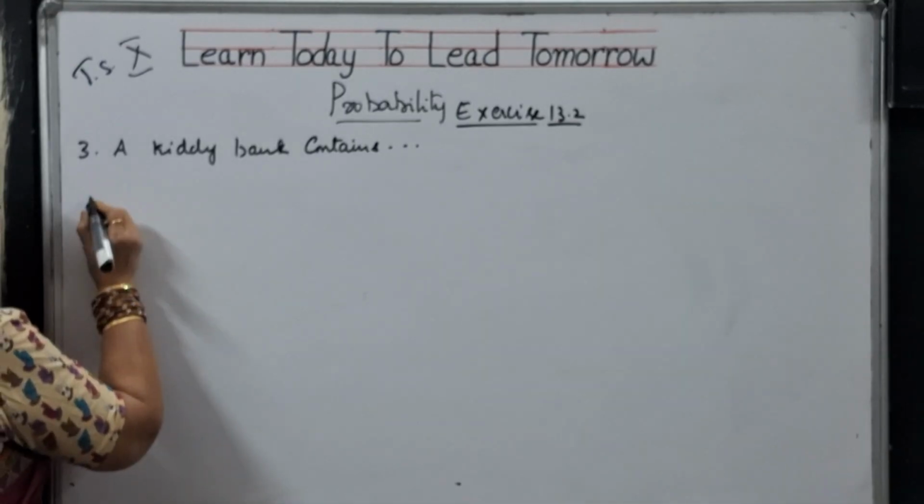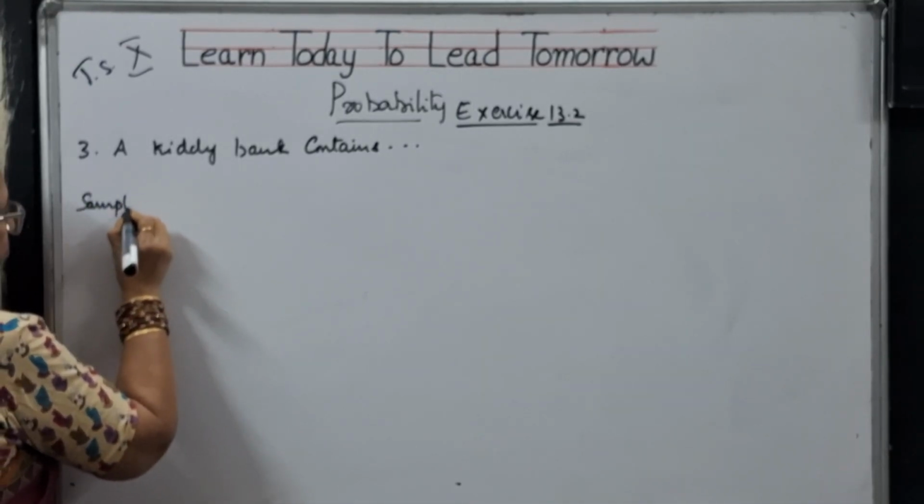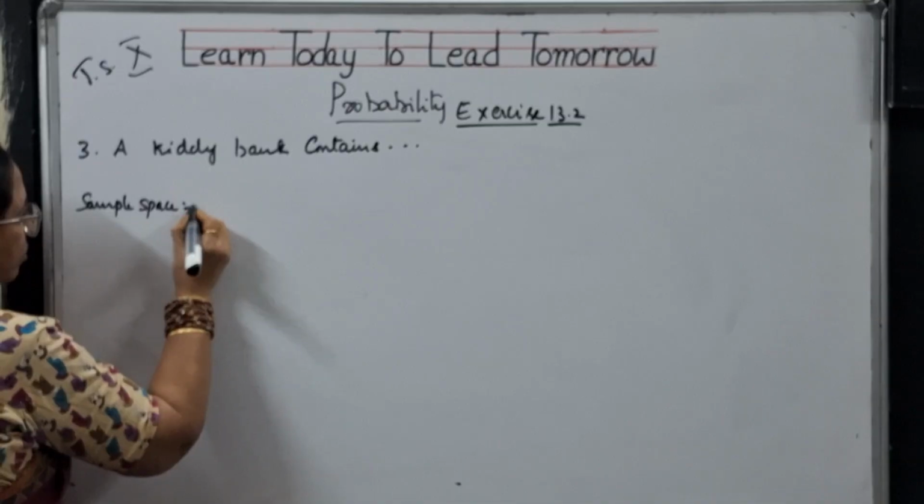So let me write first a sample space. What is the sample space? What does the kiddie bank contain?